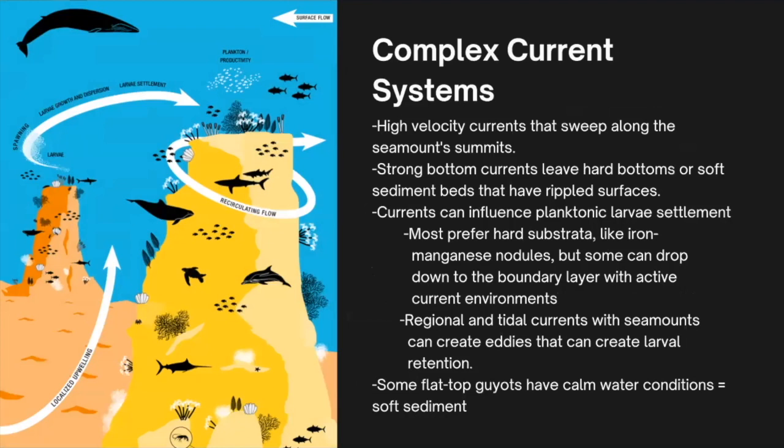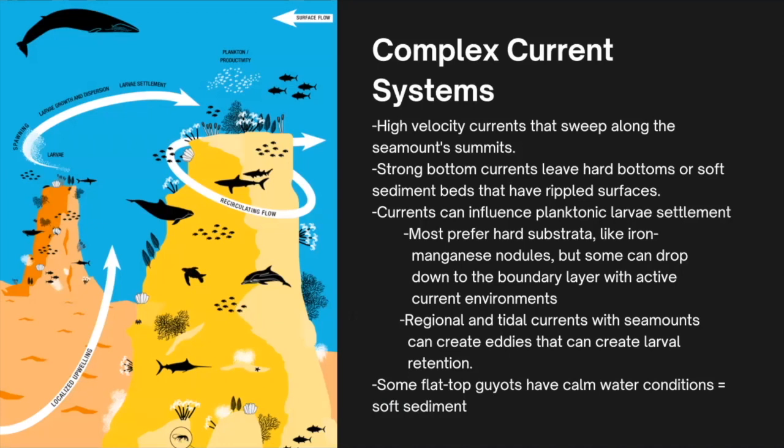Seamounts have really complex current systems. There are high velocity currents that sweep along the seamount summits. Strong bottom currents leave hard bottoms or soft sediment beds that have rippled surfaces. The currents can also influence planktonic larvae settlement.